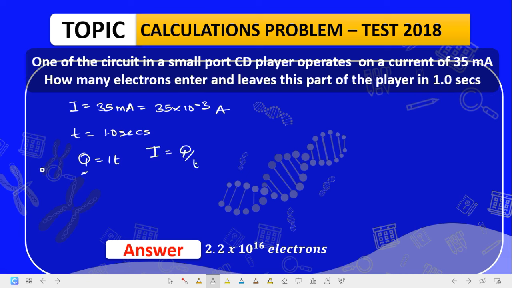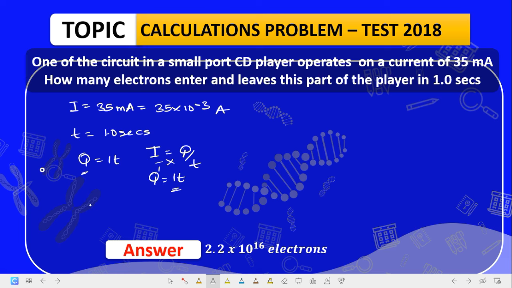That is to say, the charge over T. Electric current is the amount of charges that flow through a point at time T. So if we make Q the subject of the formula, cross multiply, Q is equal to IT. That was how we got Q is equal to IT. Now the next thing you need to know is, were you given Q?